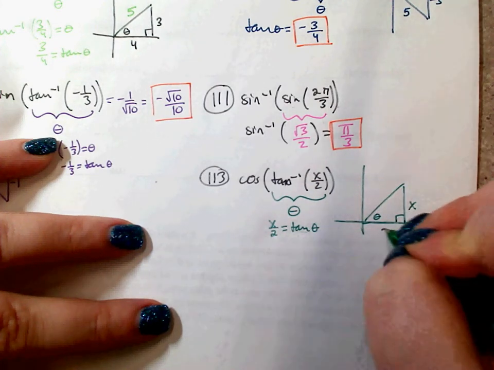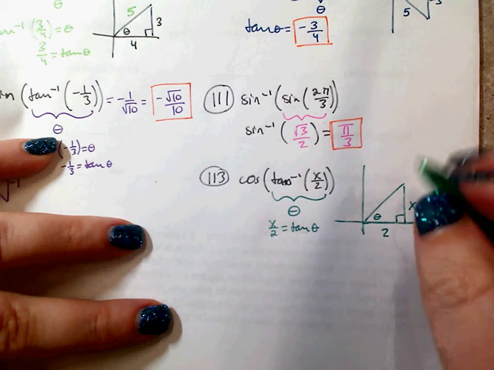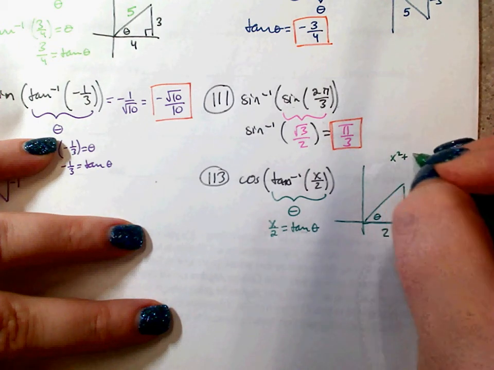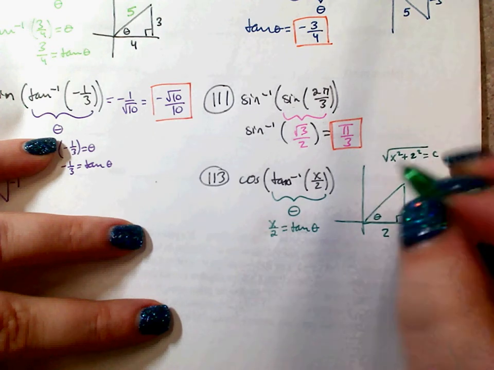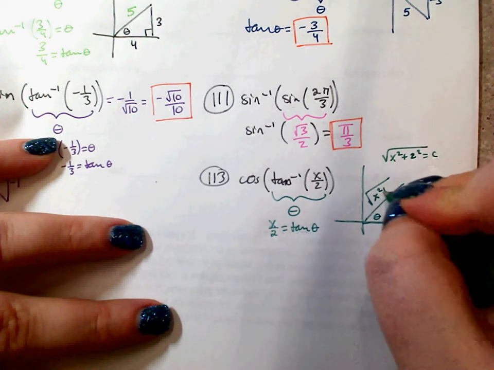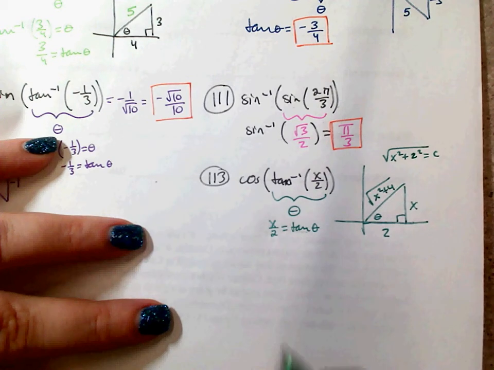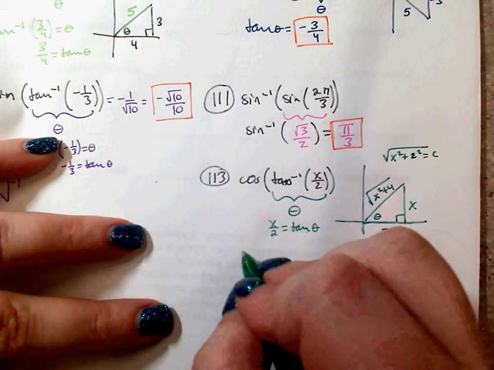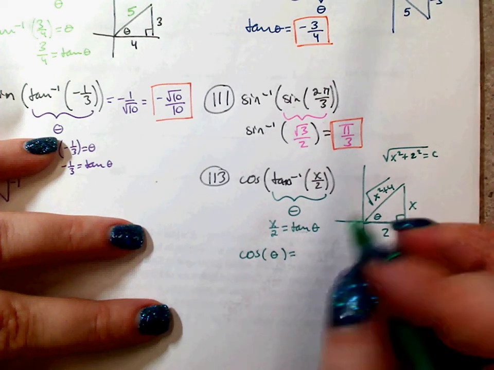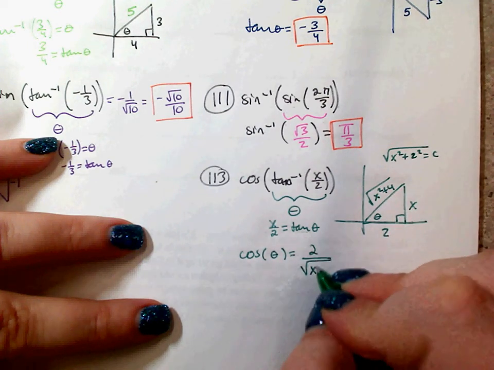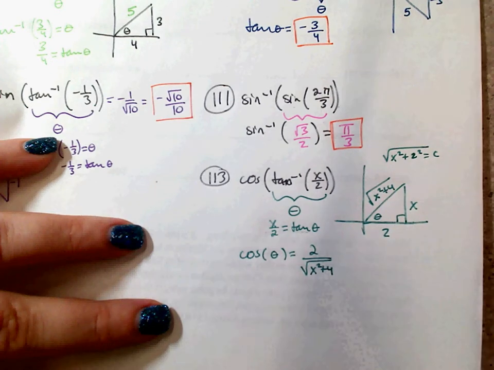And that means the hypotenuse, by a squared plus b squared equals c squared, is the square root of x squared plus 4. And then the question is, what is cosine? Cosine of theta is adjacent over hypotenuse, 2 over the square root of x squared plus 4. You could rationalize, but I don't need you to. And there we go.